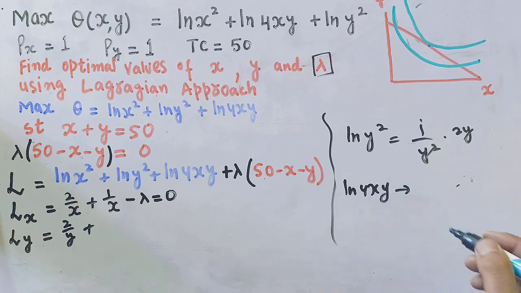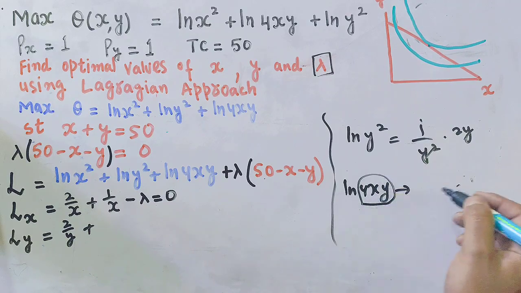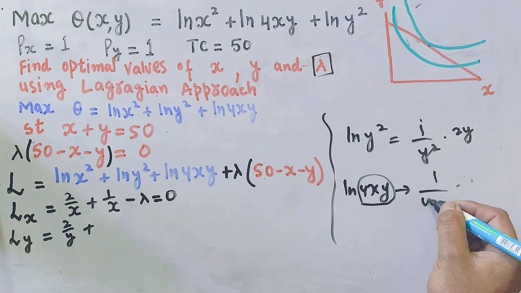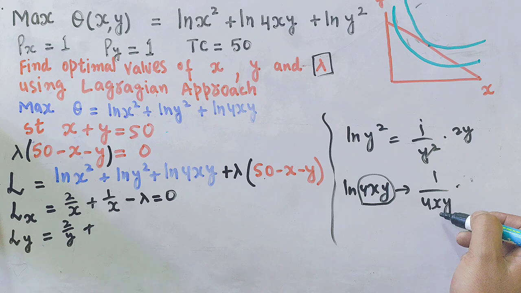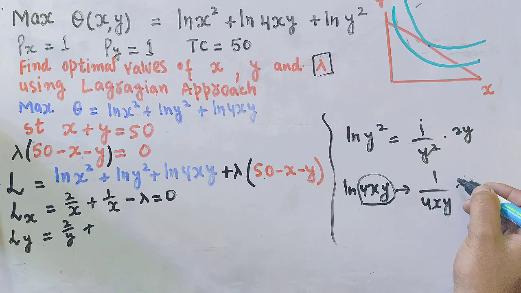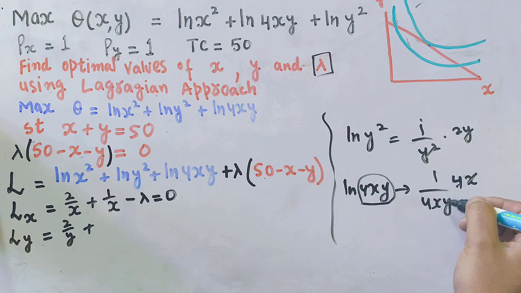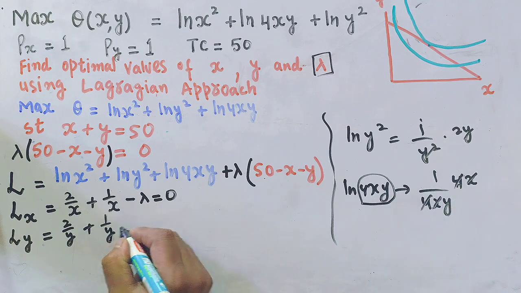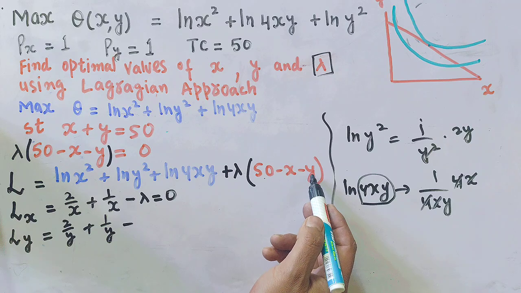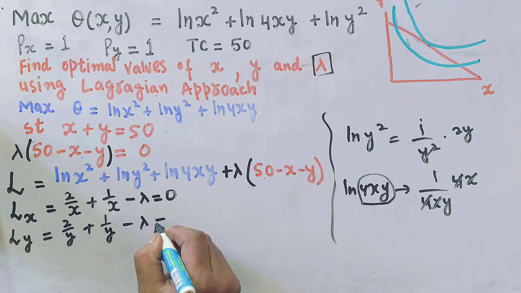its derivative with respect to y this time will be, first, the derivative of ln of this stuff, which will be 1 upon 4xy times the derivative of this function with respect to y, so we are left with 4x. x gets cancelled, 4 and 4 cancel, and we have 1 upon y, minus the derivative of y, which is 1, so we are left with minus 1 into lambda, which is minus lambda, and we set it equal to 0.